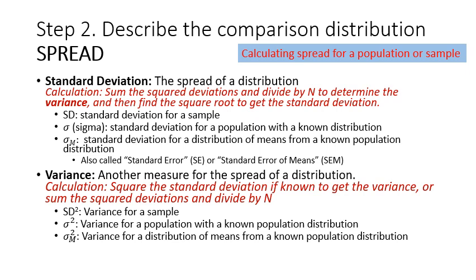The symbols for standard deviation, if you see a squared next to them, then they're telling you variance. So SD squared is the variance for a sample. Sigma squared is the variance for a population. And sigma squared with this little m is the variance for a distribution of means. But we haven't yet calculated the distribution of means. All we've calculated is the distribution for a set of raw scores.